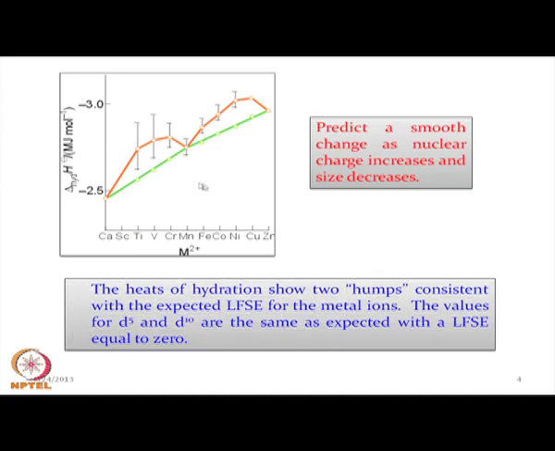So, what we see is that it also predicts a smooth change as nuclear charge increases and size decreases. Monotonically, the hydration energy values are increasing as the nuclear charge increases, and nuclear charge is responsible for squeezing the size of the metal ion. As the size decreases, we have more and more interaction of the M2+ center with the H2O molecule.